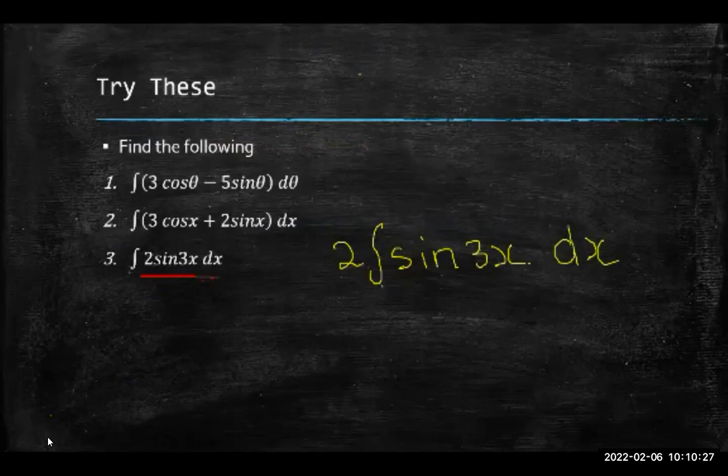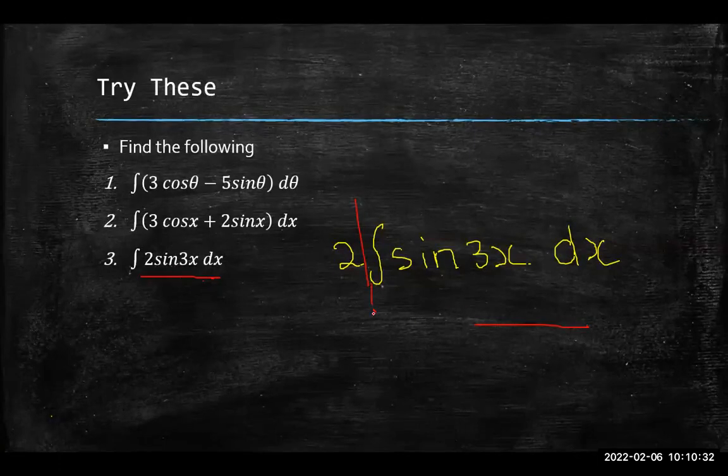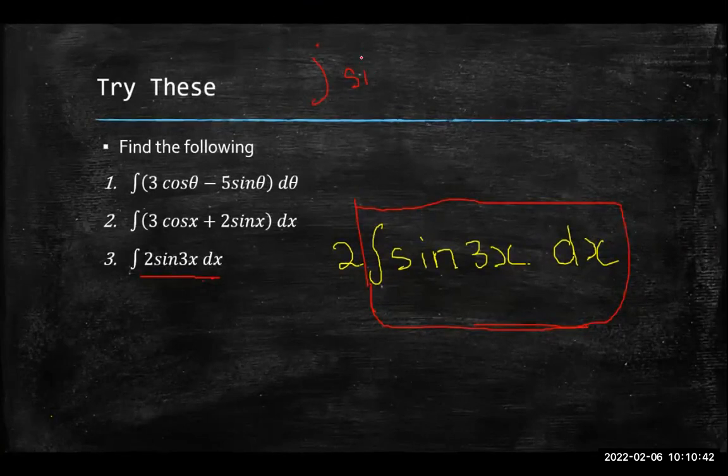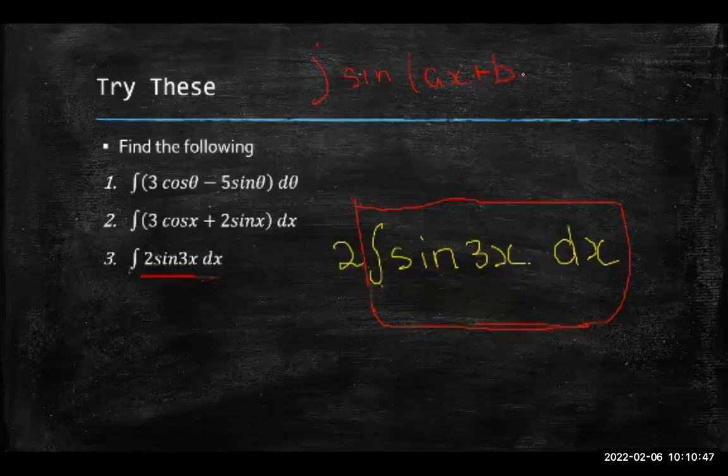So this is where it comes in handy, right? We know a rule to integrate trig functions. So to integrate sine, if we're given sine, the rule is the integral of sine(ax plus b) with respect to x, so dx, is going to give me minus 1 on a cos, same angle, so I put back ax plus b, and of course plus c.